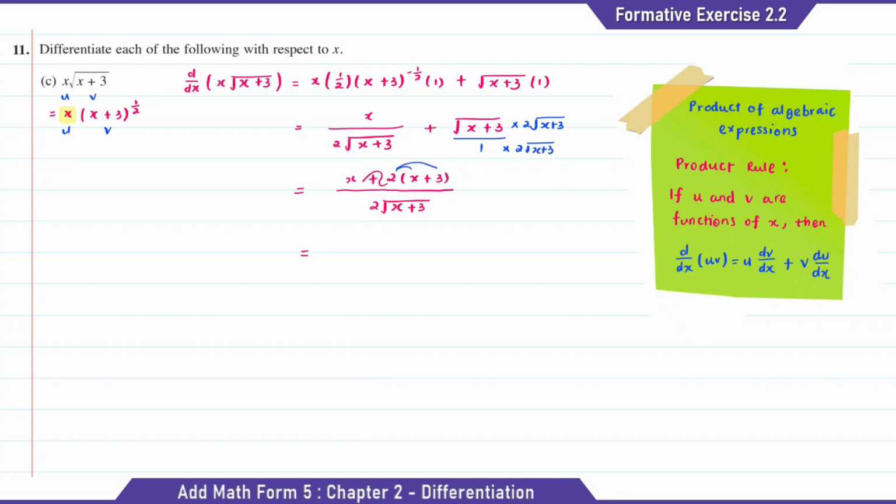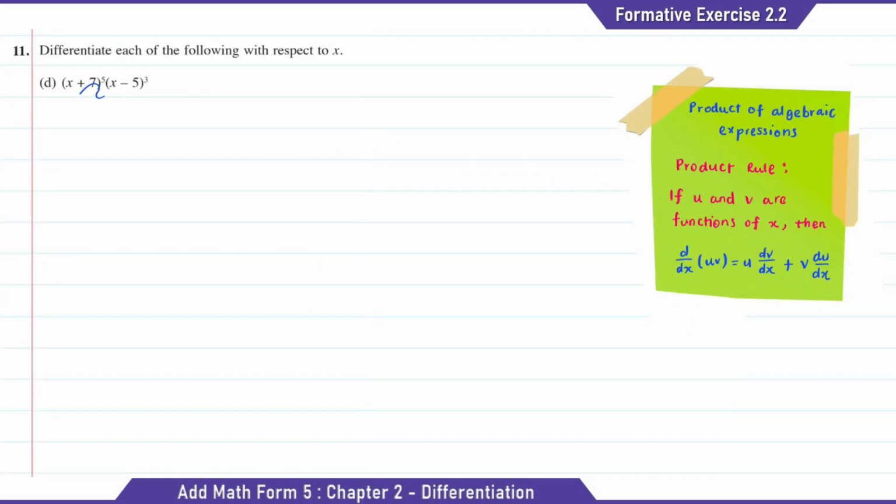So for the numerator, we're going to get x plus 2x, which is going to be 3x, and 2 times 3 going to be 6. And for the numerator, we can factorize it. The common factor is 3 bracket x plus 2 over 2 square root x plus 3.